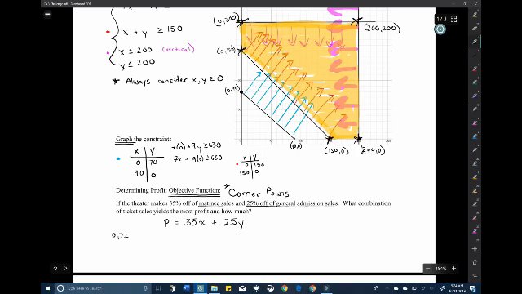0, 200 is the first one to try. So if you plug in 0 for x, 200 for y, 0.35 times 0, plus 0.25 times 200 gives me the profit, essentially just 0.25 times 200.